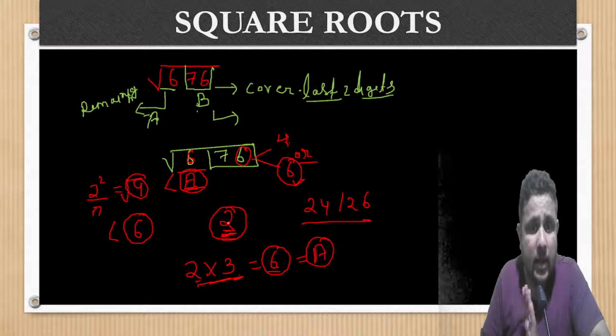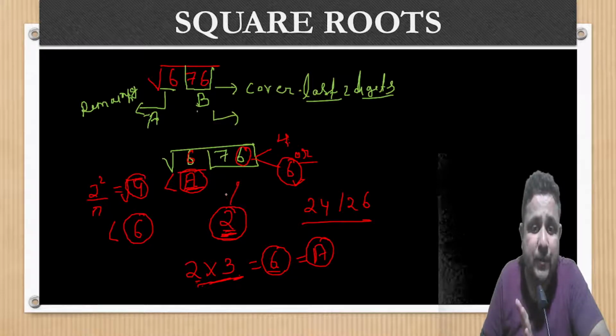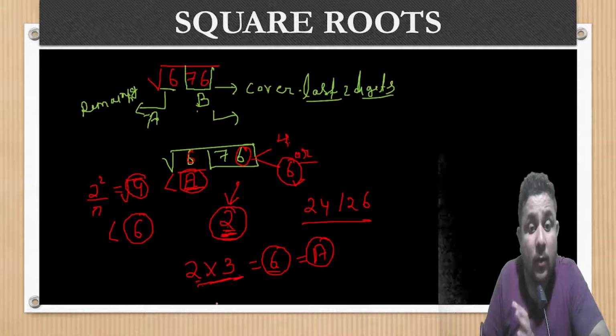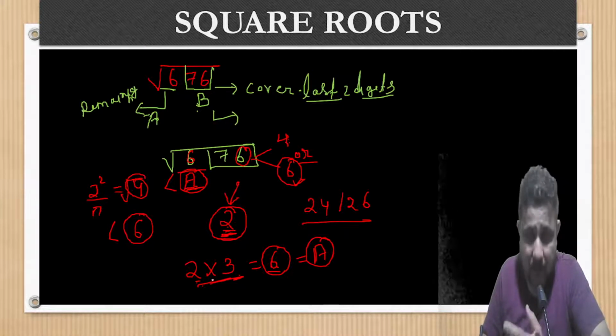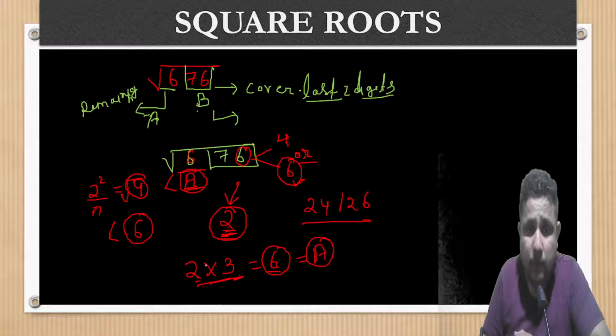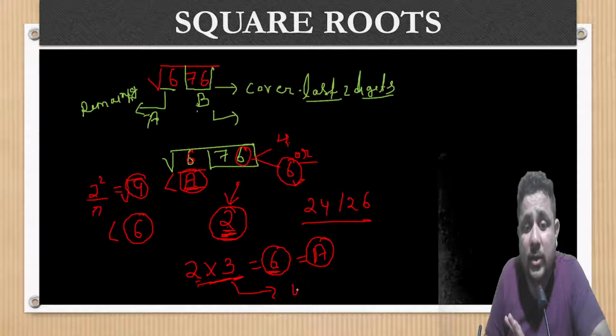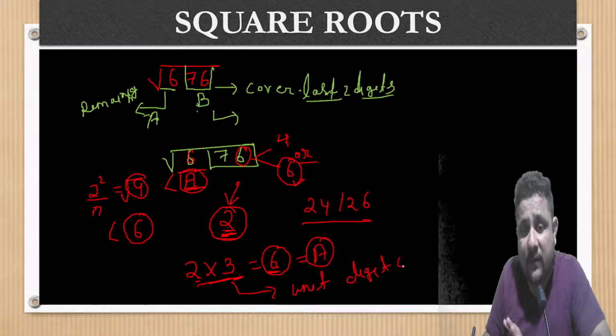Now, after getting this first part of your answer, just multiply this first part with what? One number ahead, one digit above. So 2 plus 1, 3. So 2 into 3, 6. After doing this, you are doing for what? Unit digit confirmation process.